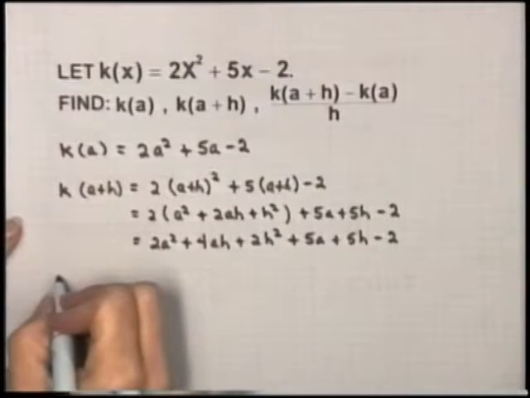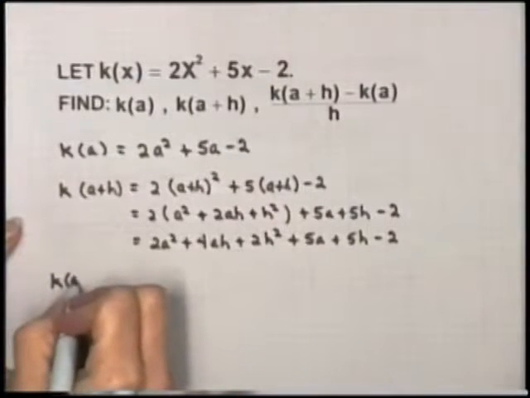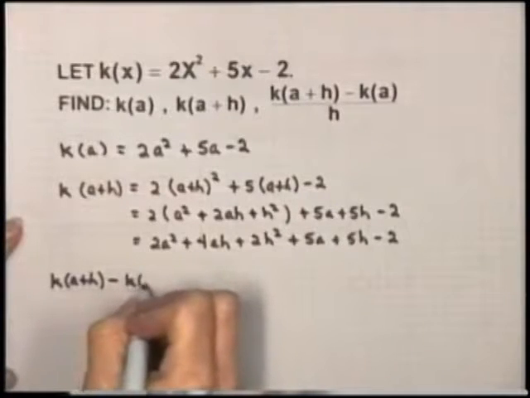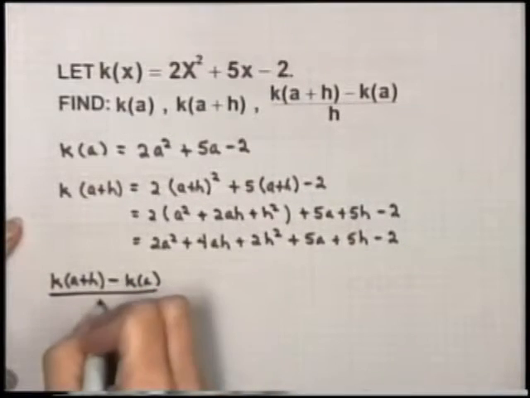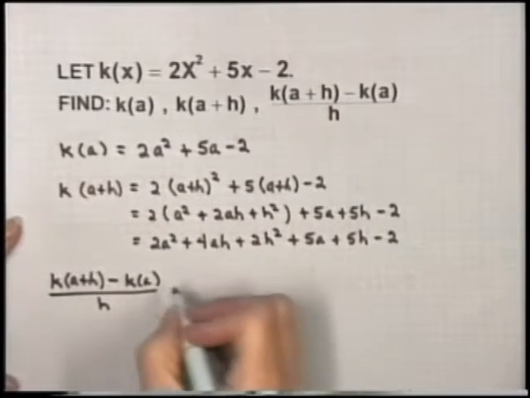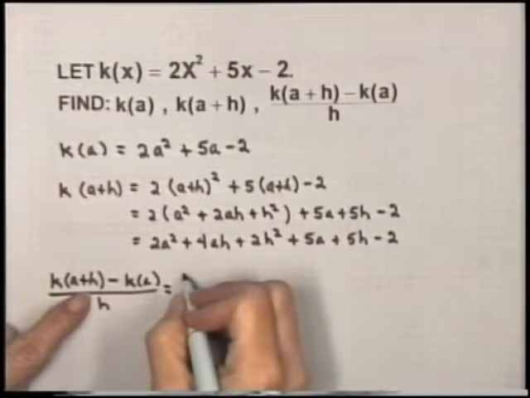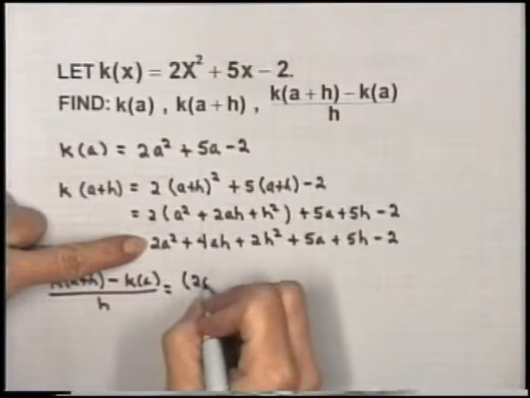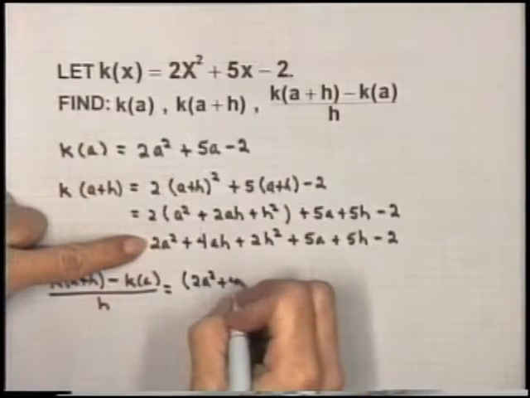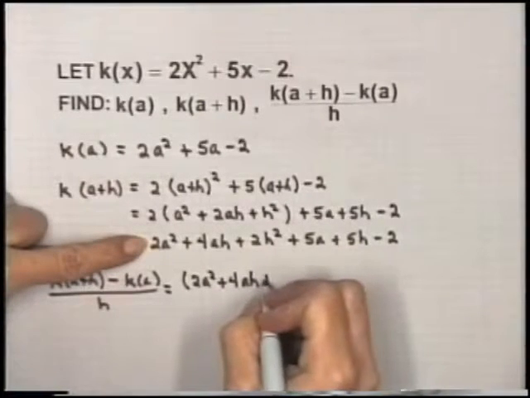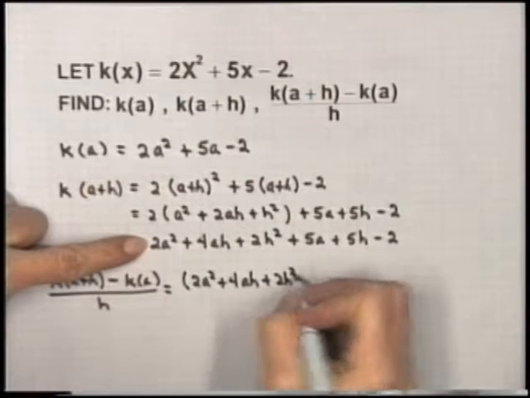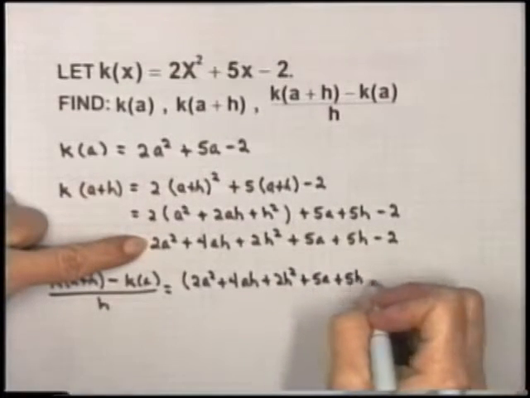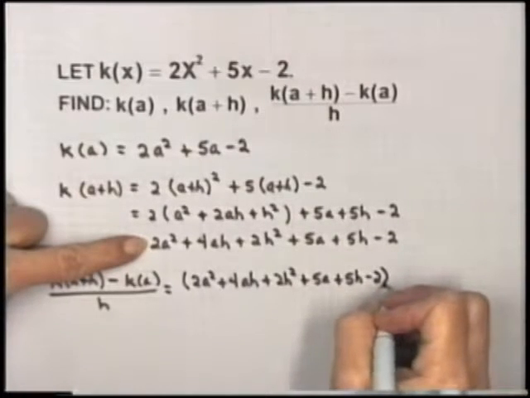Finally, our difference quotient. We want to find k of a plus h, subtract k of a, and divide all of that by h. Well, first of all, we're going to put in this k of a plus h, which we did here. 2a squared plus 4ah plus 2h squared plus 5a plus 5h minus 2.